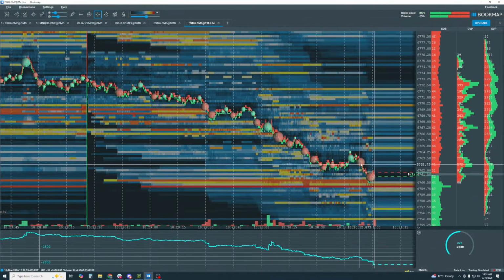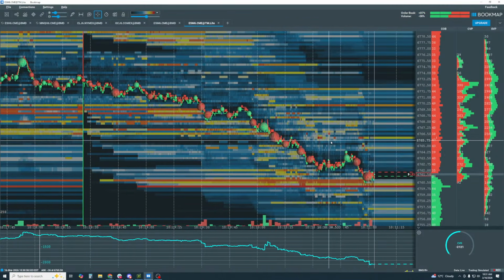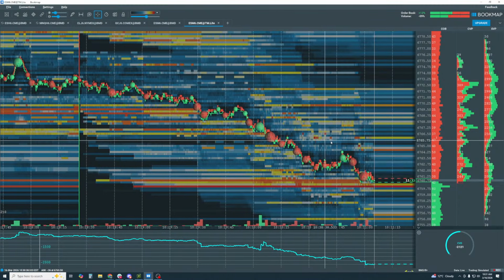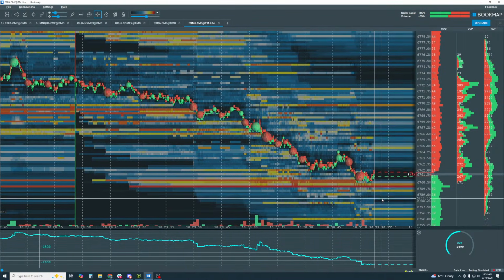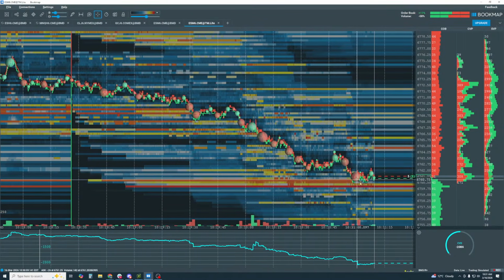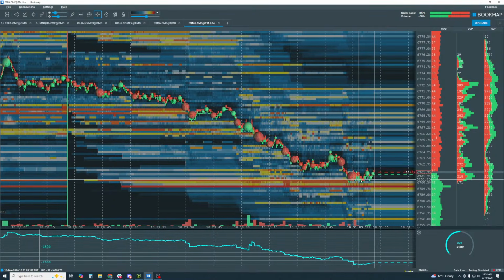Okay, so we're hitting into that 60 liquidity down here. And yes, I am anticipating a reaction down here by buyers at this point.